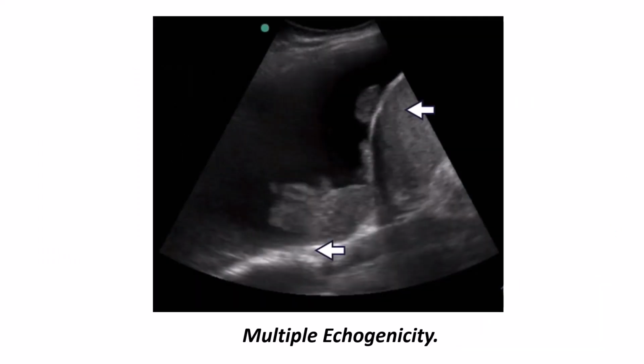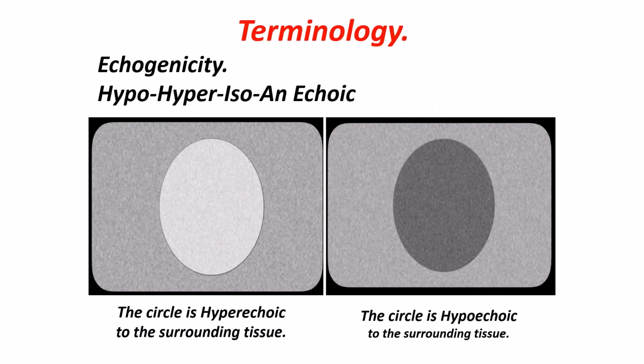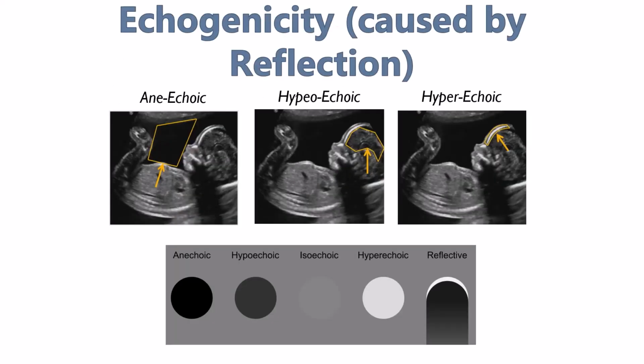In the final image, the image that we're viewing for diagnostic purposes, what we must understand is multiple echogenicity. Here we can see the difference between hyperechoic and hypoechoic. An echo is correlated to the type and density of tissue that it is interacting with.